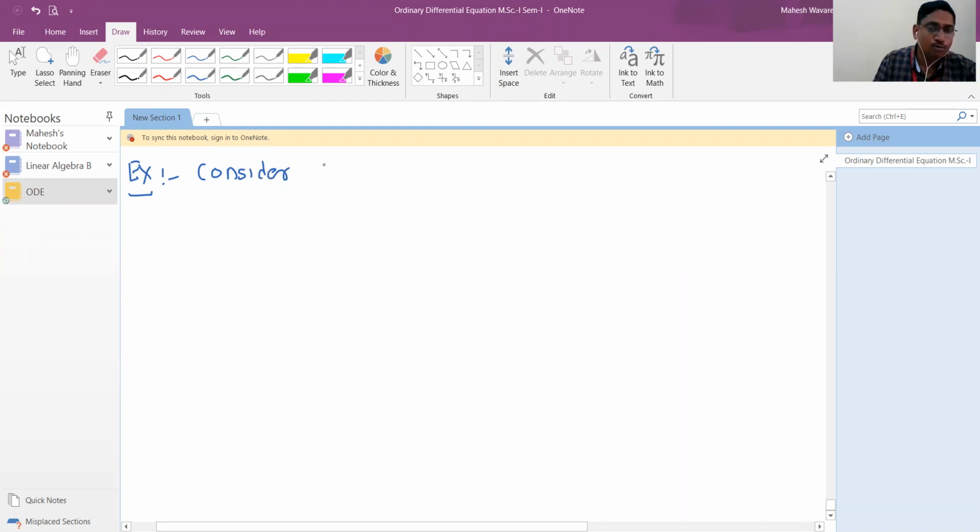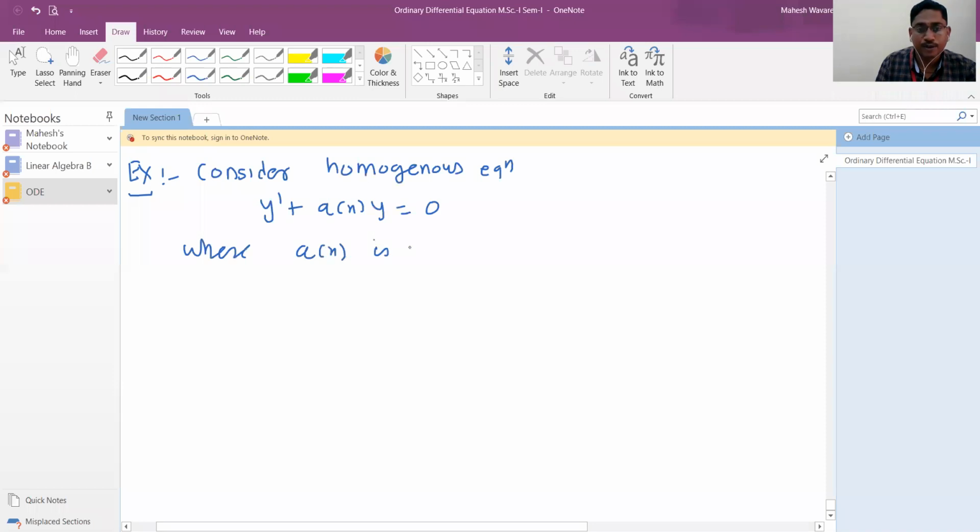Consider the homogeneous equation y dash plus a of x into y is equal to 0, where a of x is continuous on an interval I.